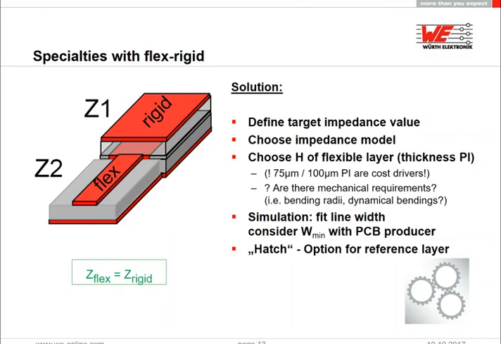And finally, there is the option of using a hatched reference layer to increase the impedance so that we do not have to take pretty thick polyimide, which is very expensive. So these are the actions which are needed and which are possible to meet the signal integrity requirements for high speed.